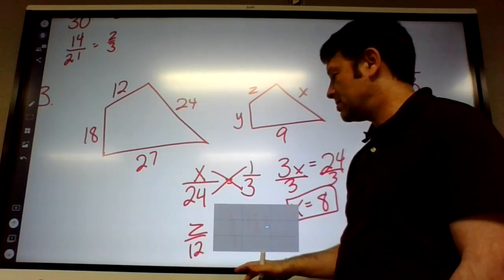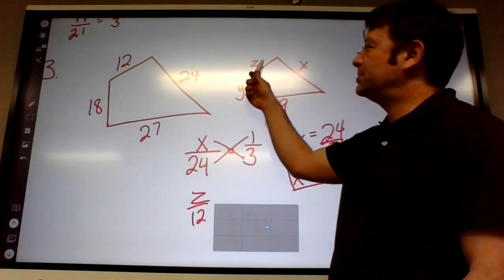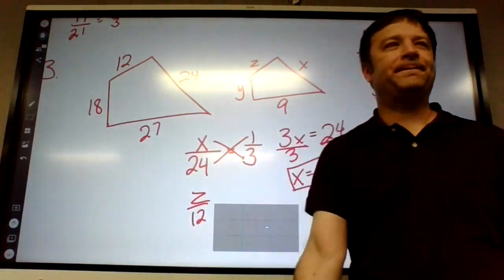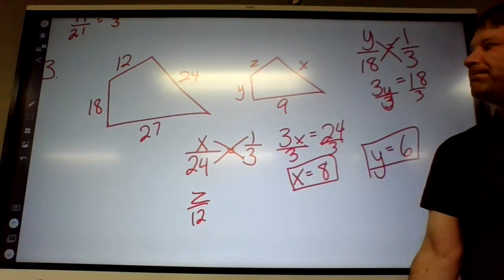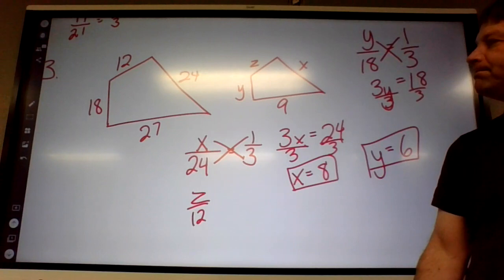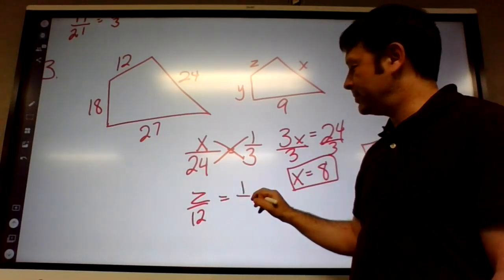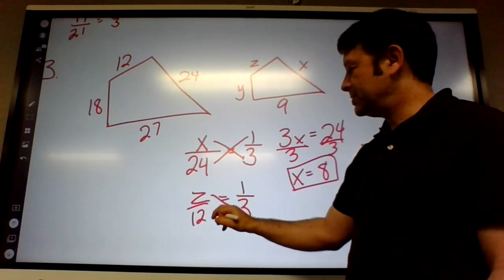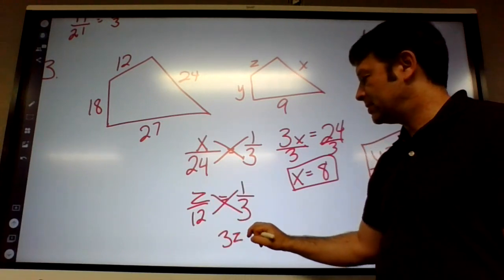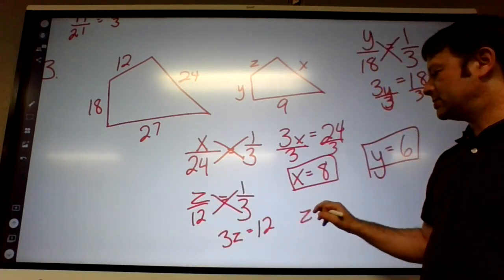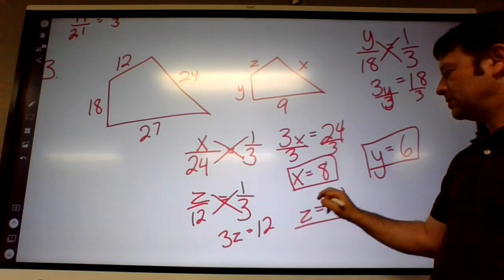Okay, z over 12 equals what? 9 over 3, or 1 over 3. 9 over 27 or 1 over 3? So 3z equals 12. So z is 4.